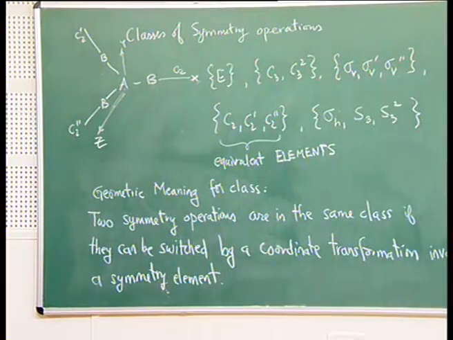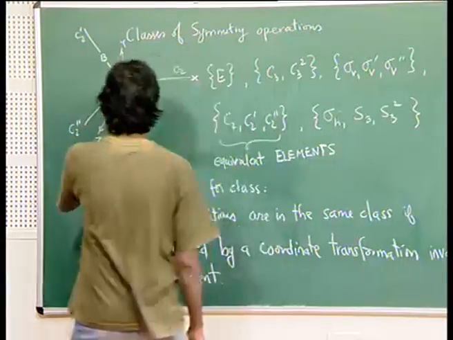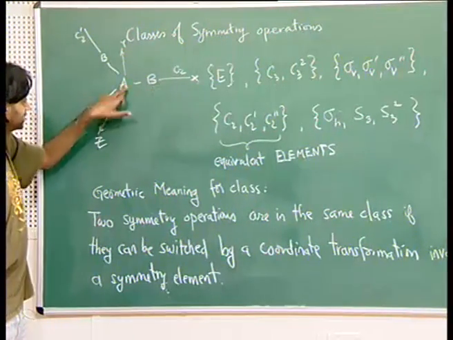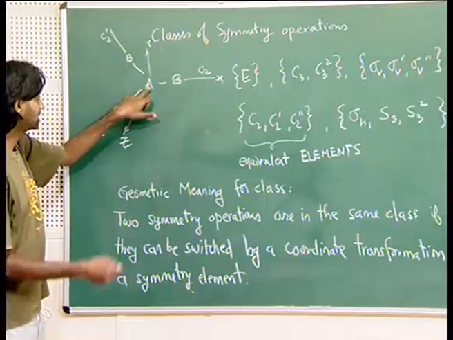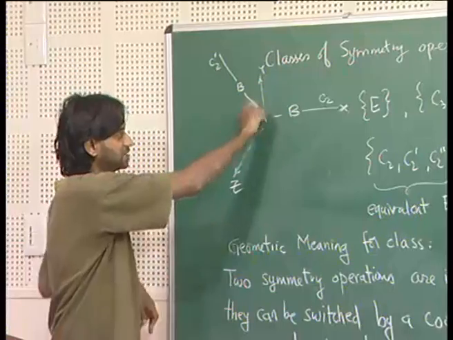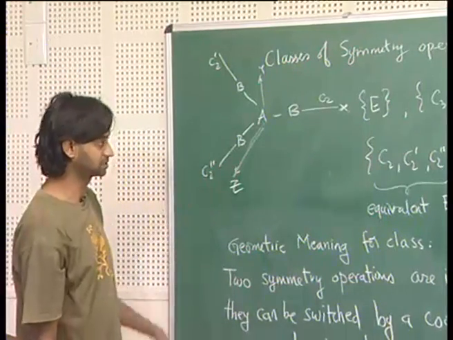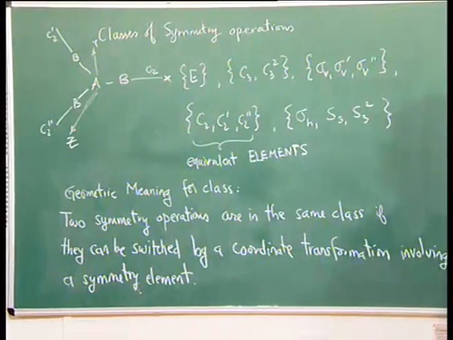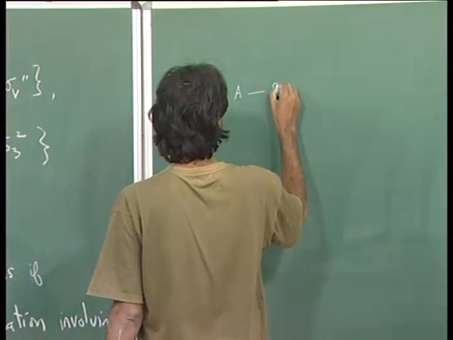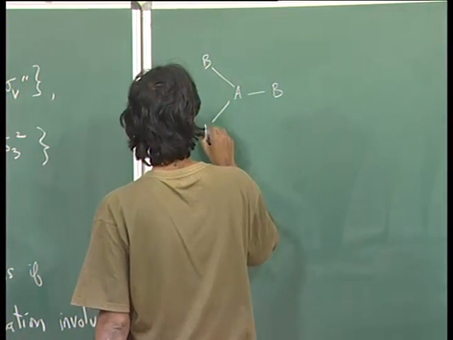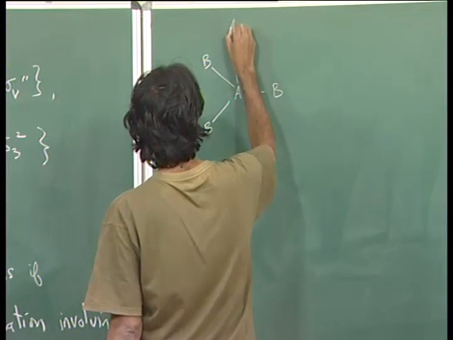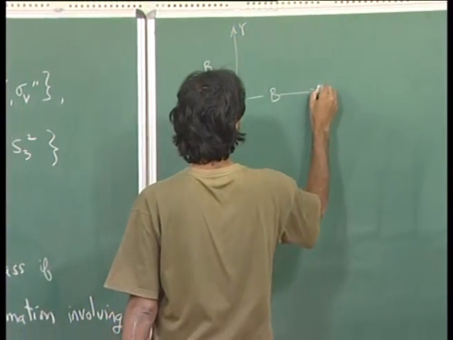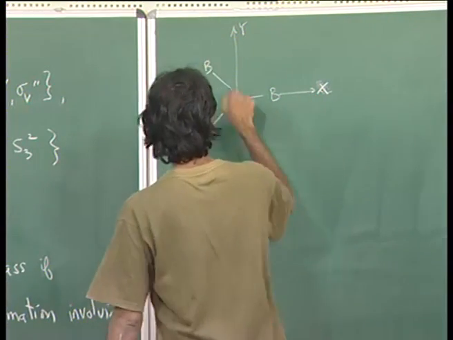Okay. So, now we notice that if we consider this coordinate system and you rotate the coordinate system by 120 degrees about the z axis, so you had AB3 and this is the y axis, x axis, z axis is perpendicular.